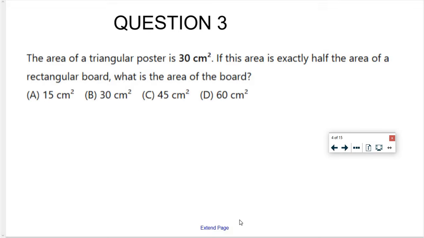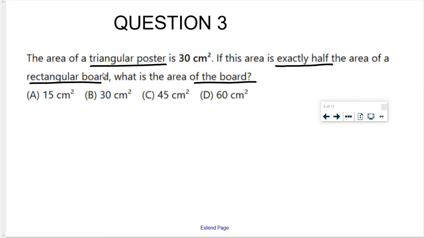Third question. The area of a triangular poster is 30 centimeters square. If this area is exactly half the area of a rectangular board, what is the area of the board? You are given a triangular poster.